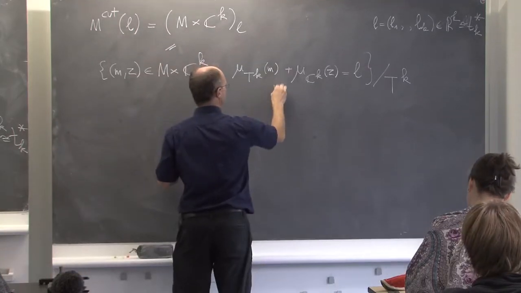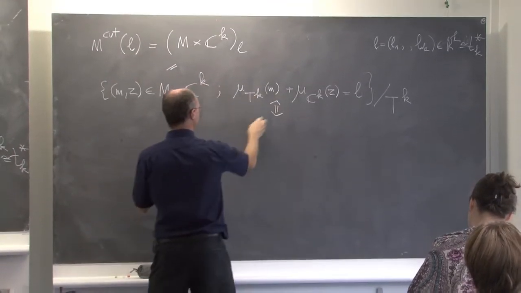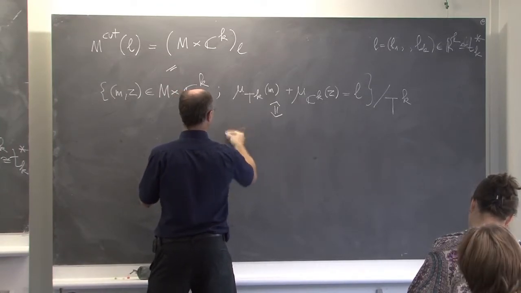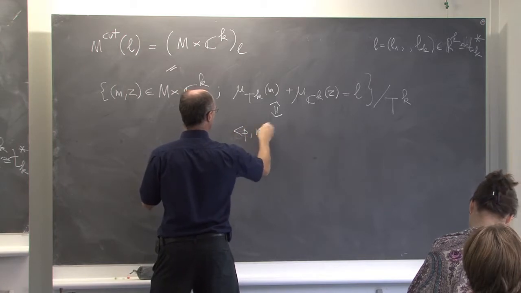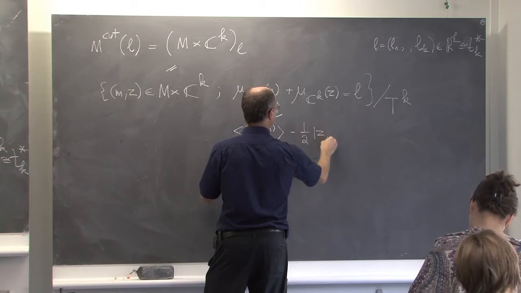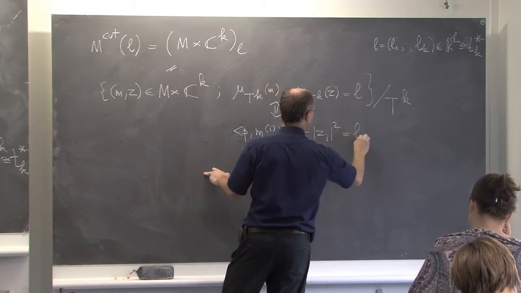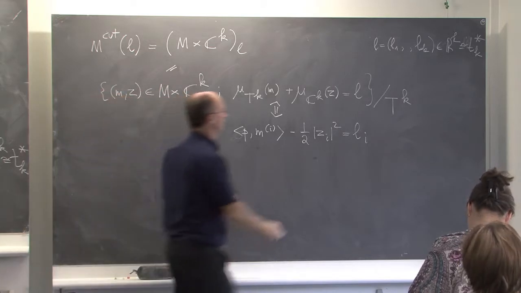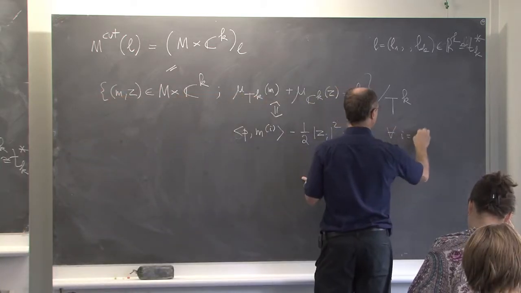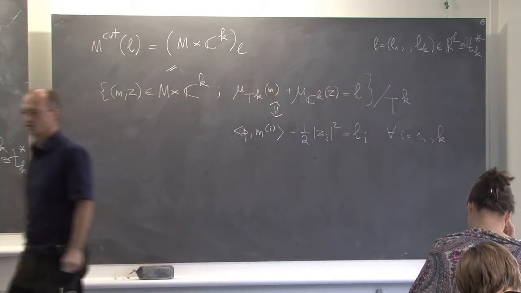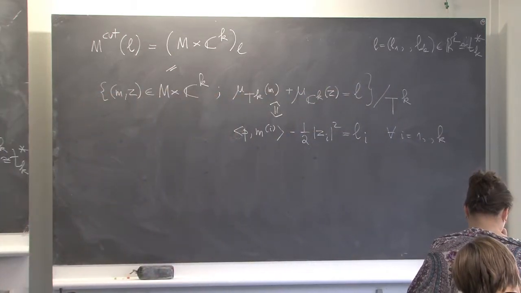And in more detail, those equations mean that the pairing of p with m_i minus 1/2 z_i squared is equal to l_i for all i from 1 to k. Right?